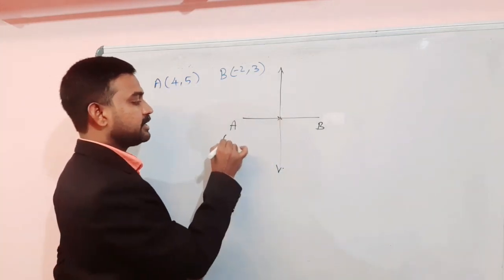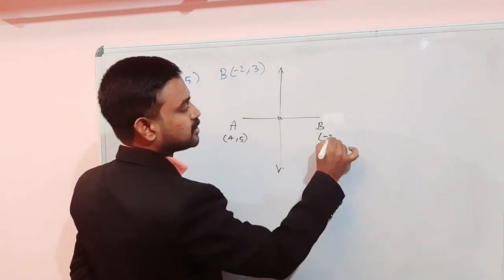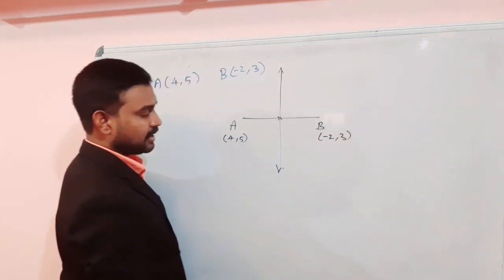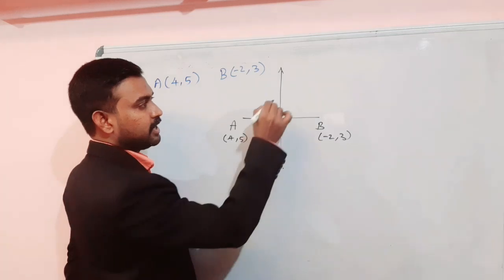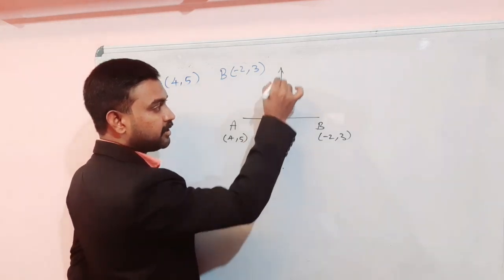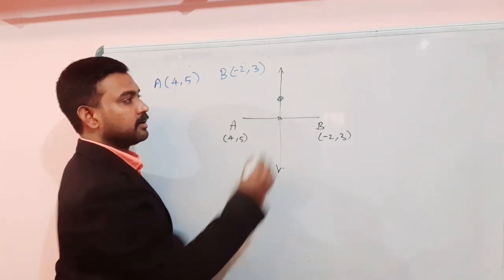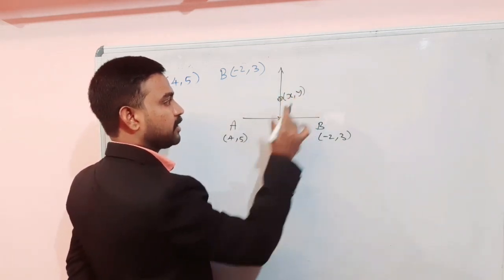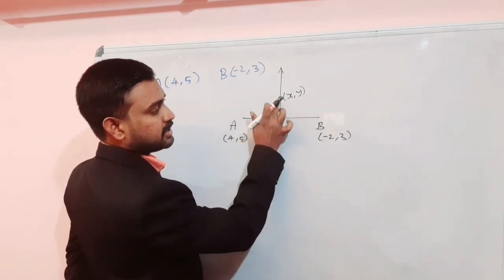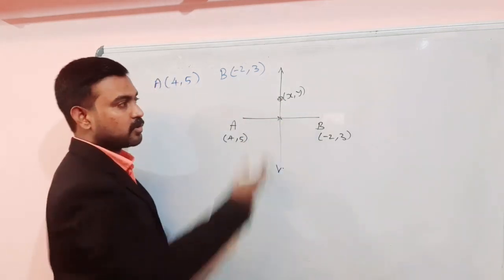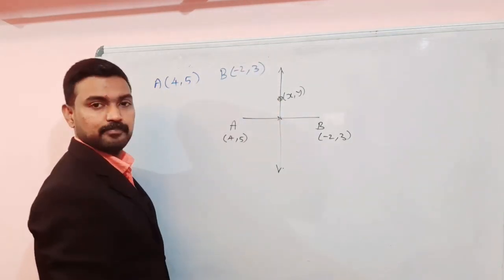So here it is given A is (4, 5) and B is (minus 2, 3). Since this is the perpendicular bisector, if we find a point anywhere on this line, suppose (x, y), its distance from A and its distance from B will be the same, because the perpendicular bisector passes through the middle.